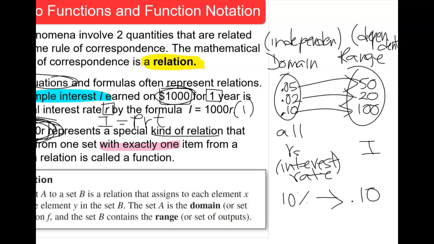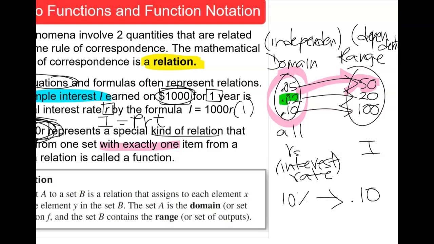That example is telling us that for every interest value that we chose here from the domain, it is related to exactly one element from the range. So we don't have two values coming out of 5% or 0.05. We have a unique, exactly one value.